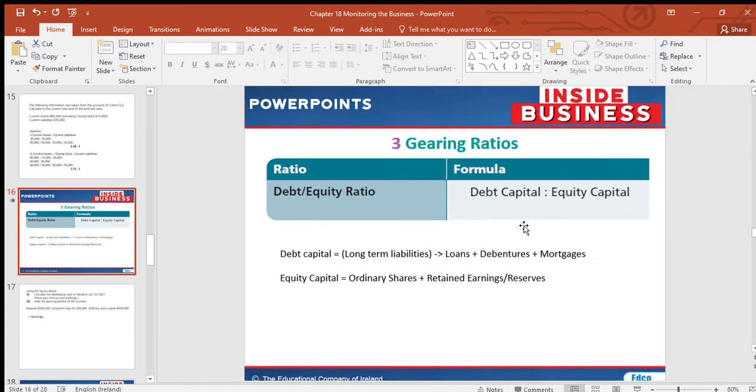So we're looking at how much of your business is financed by debt, and why would we care? As I might have alluded to before in class, if you open up a restaurant when you walk out of school, you probably don't have much money right now. But if you were able to get a massive loan from somebody and open up a restaurant, your business might operate fine. You've got a loan of 200,000 euro. It's a lot of money. You get to set up and run a restaurant, and it could be very successful.